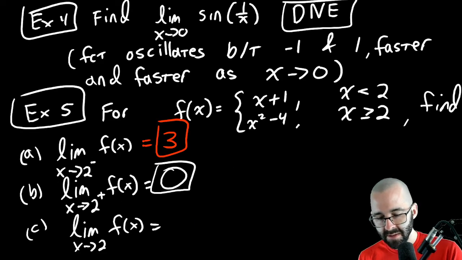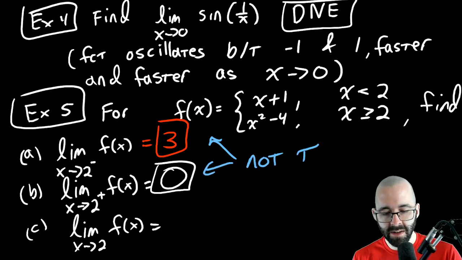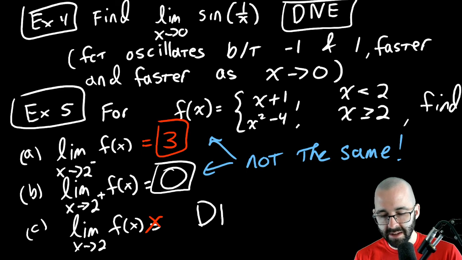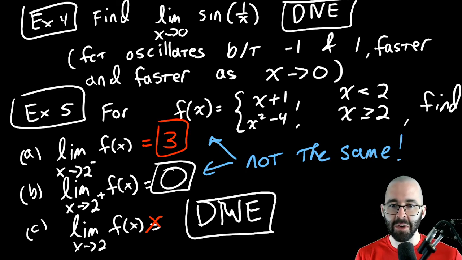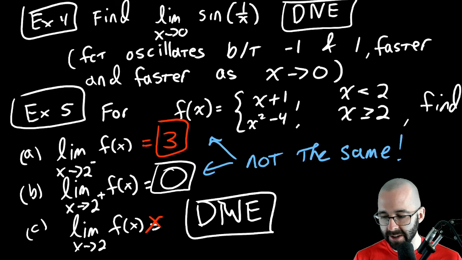Look at that blue box. Well, look at these. Are these the same? No. They're not the same. So this limit does not exist. Let's just pretend that's a normal n.